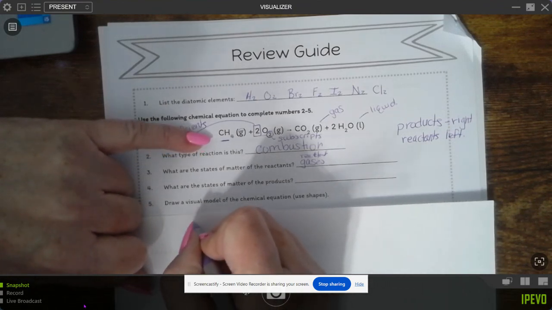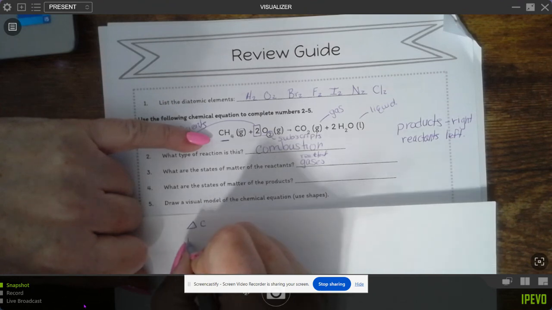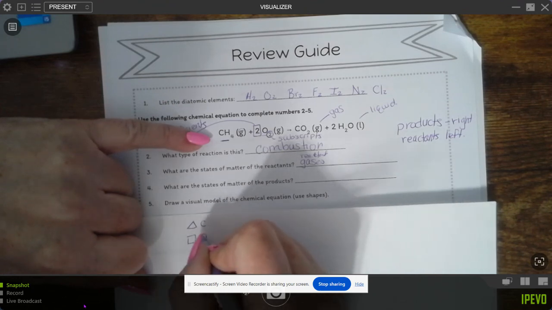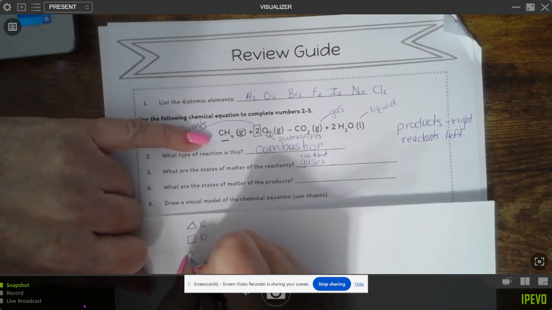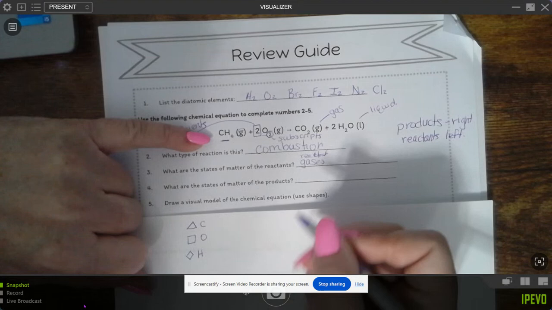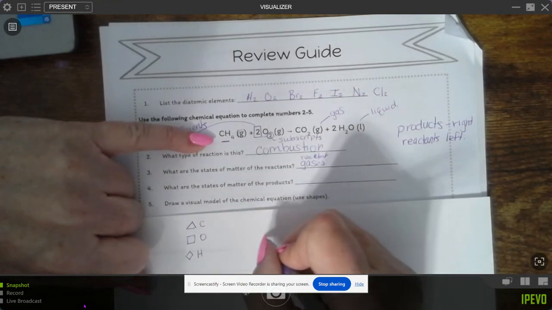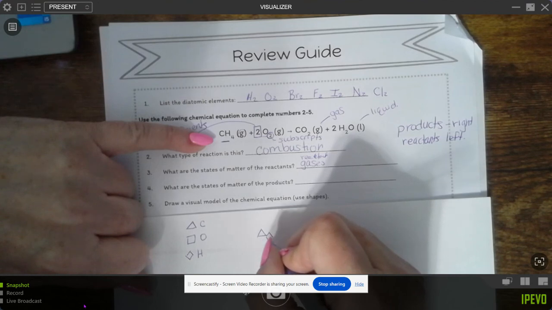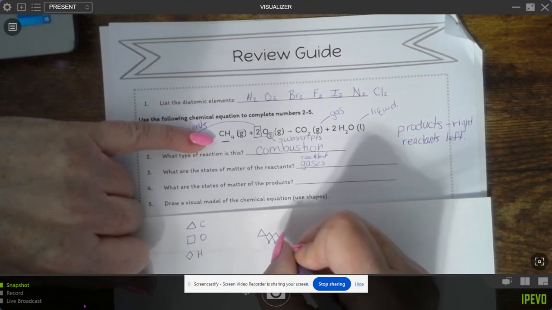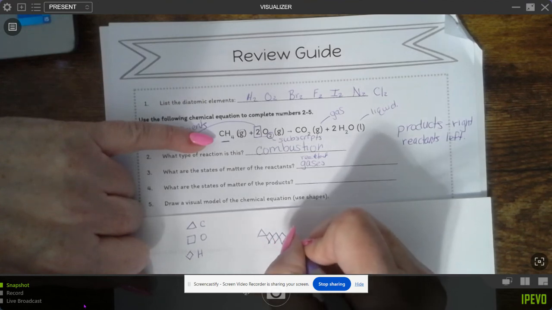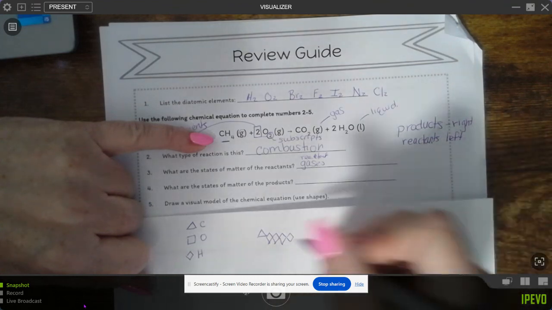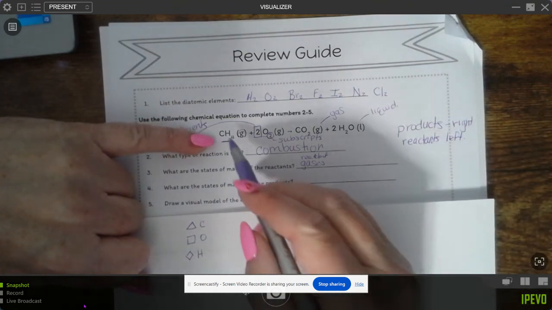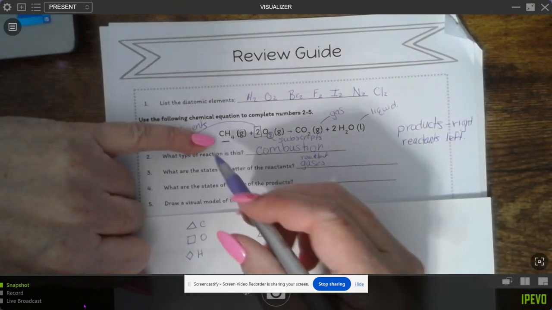Carbon is going to be a triangle, oxygen is going to be a circle, and hydrogen is going to be a diamond. I have CH4, so that's one carbon and four hydrogen. I don't care how you connect them as long as all of the atoms in a molecule are connected.